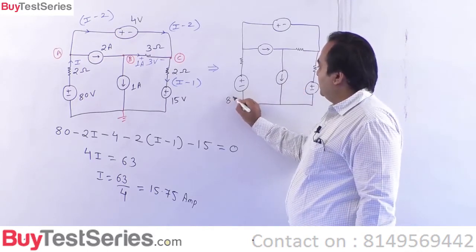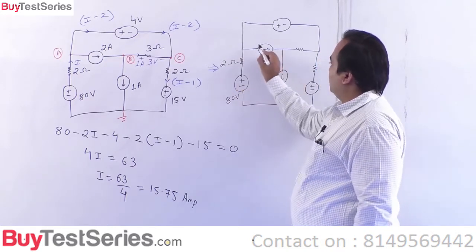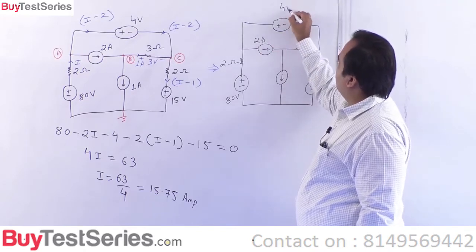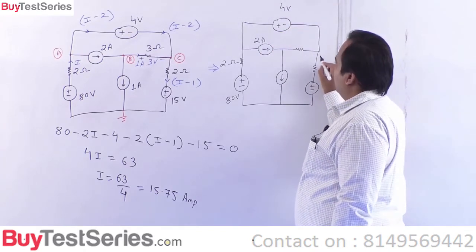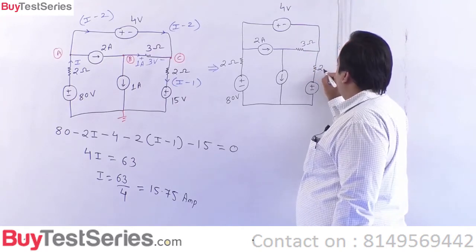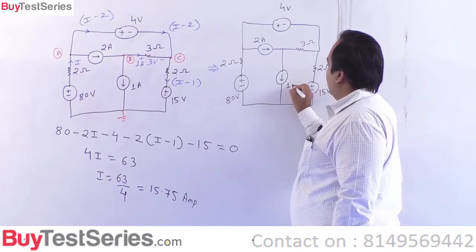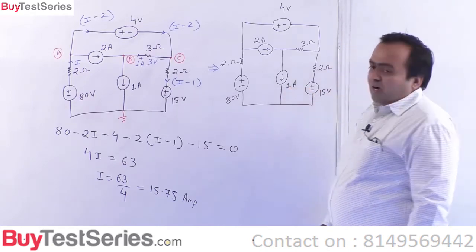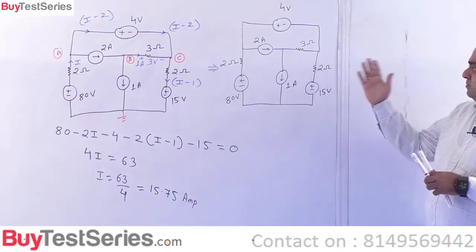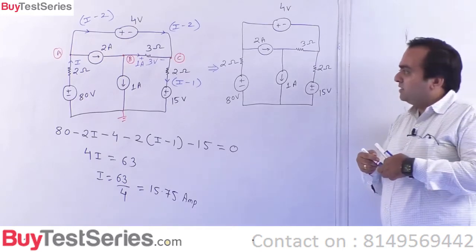so I can write these values as it is. This is 15 volts and this is 1 ampere. Now I am simply putting I equal to 15.75 and indicating all the currents.